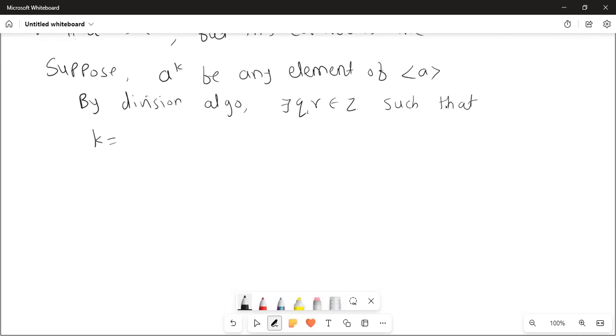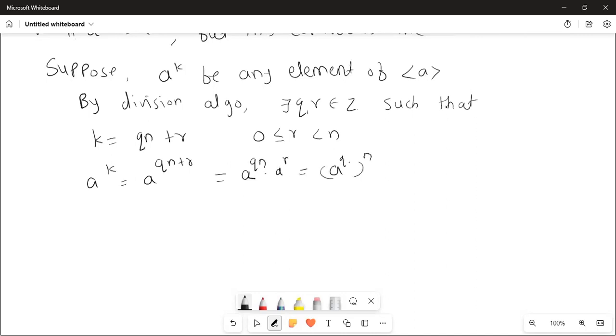Then k = qn + r, where r lies between 0 and n. Where a^k = a^(qn+r), that means a^(qn) · a^r, that means (a^n)^q · a^r. Here a^n = e, and e^q = 1.